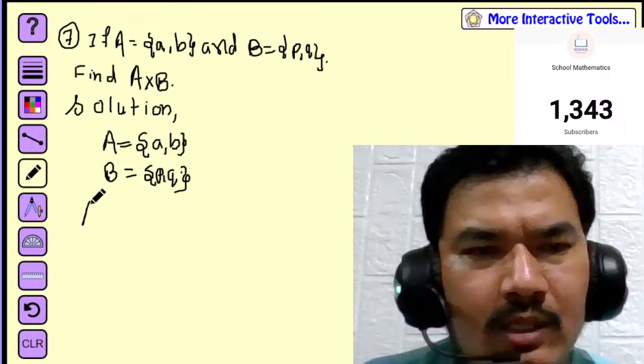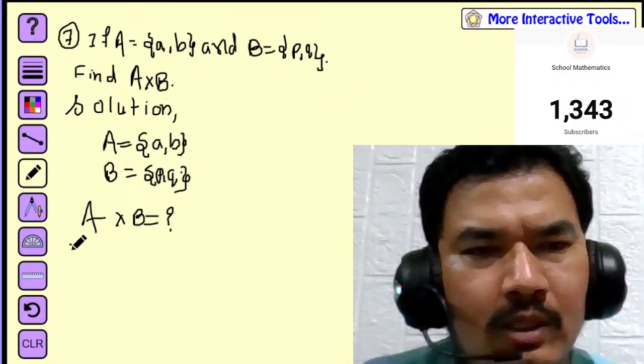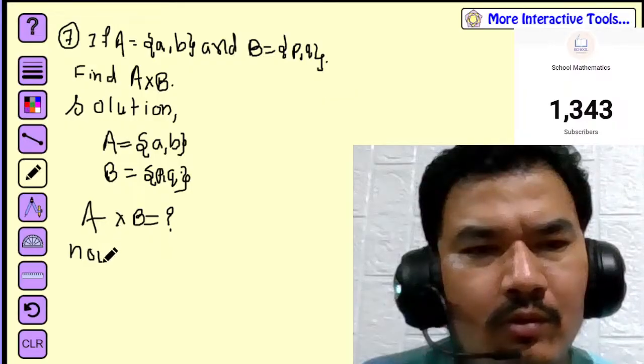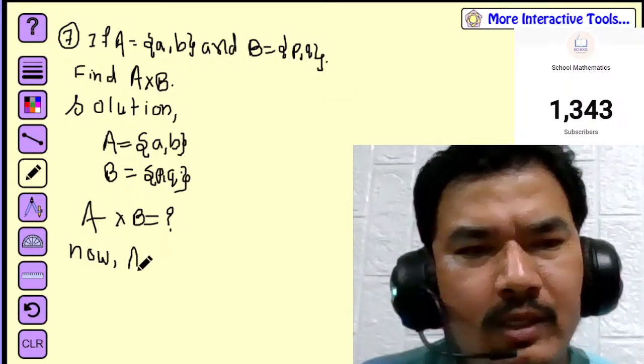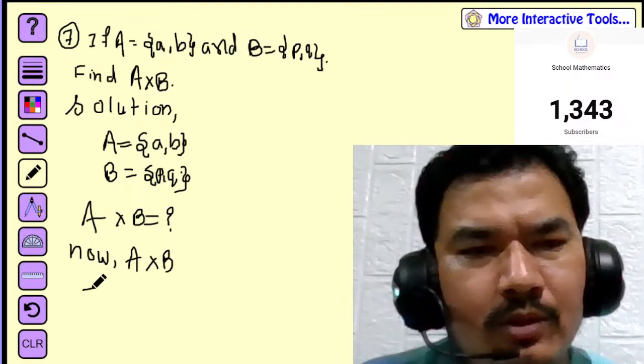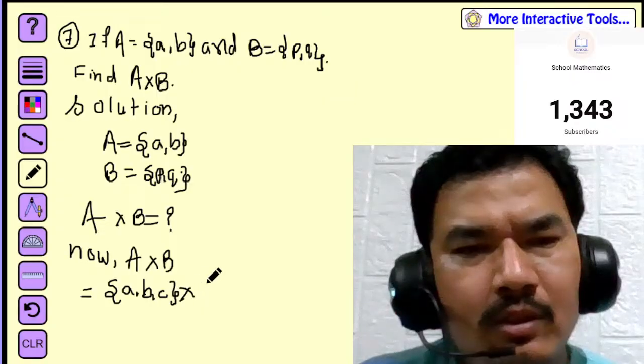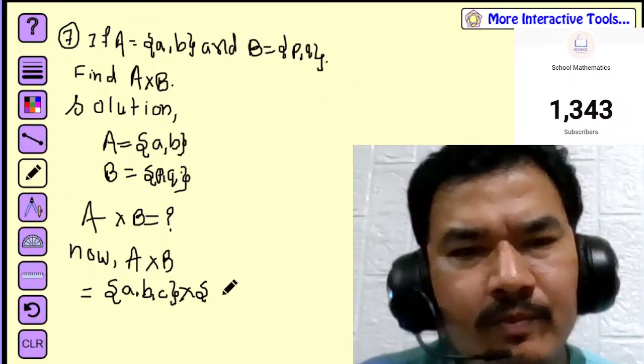And if you are asked to find the Cartesian product, then write here A cross B equals what? First of all, write set A. Set A elements are A, B, cross B, which is given there, P, Q. These two elements.